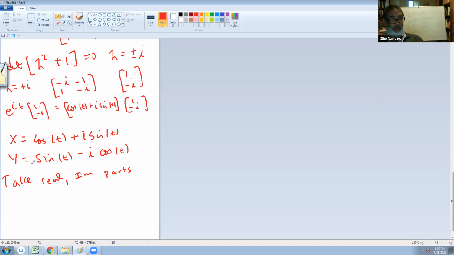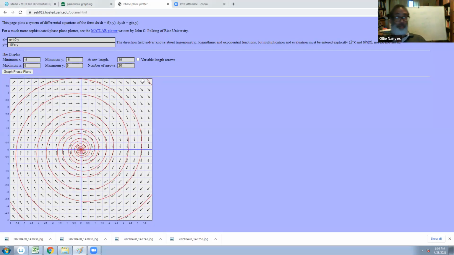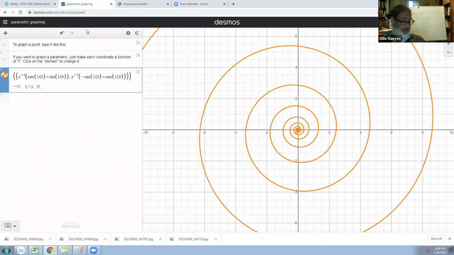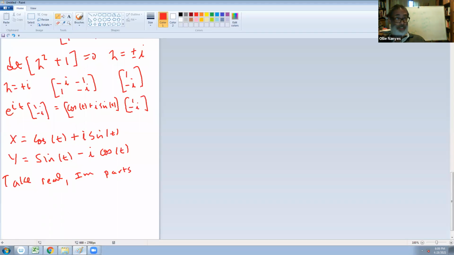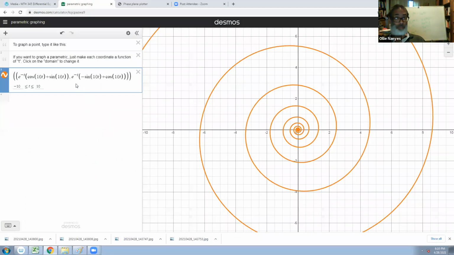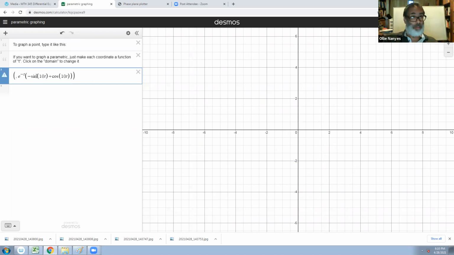So we can now try to plot this up, and let's just do this right here. This is cosine, sine, sine minus cosine.